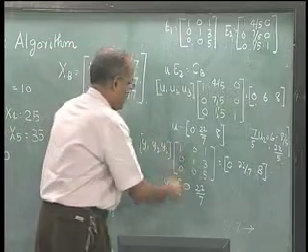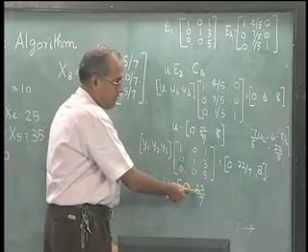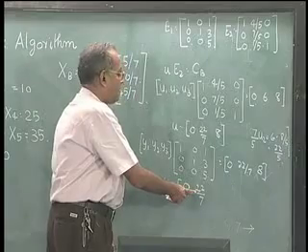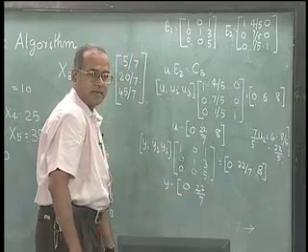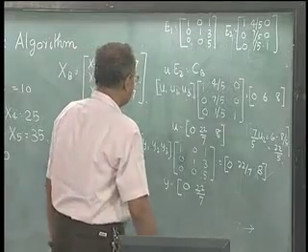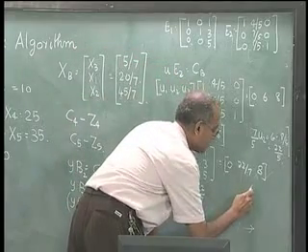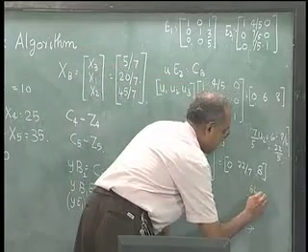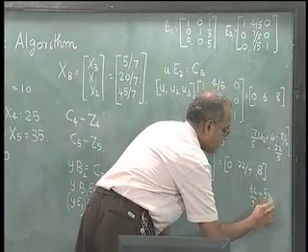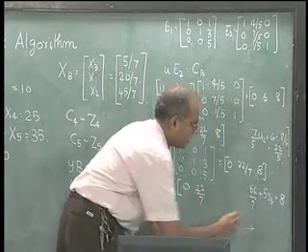So, 3 y2 is 66 by 7, plus 5 y3 is equal to 8. So, 66 by 7 plus 5 y3 is equal to 8.